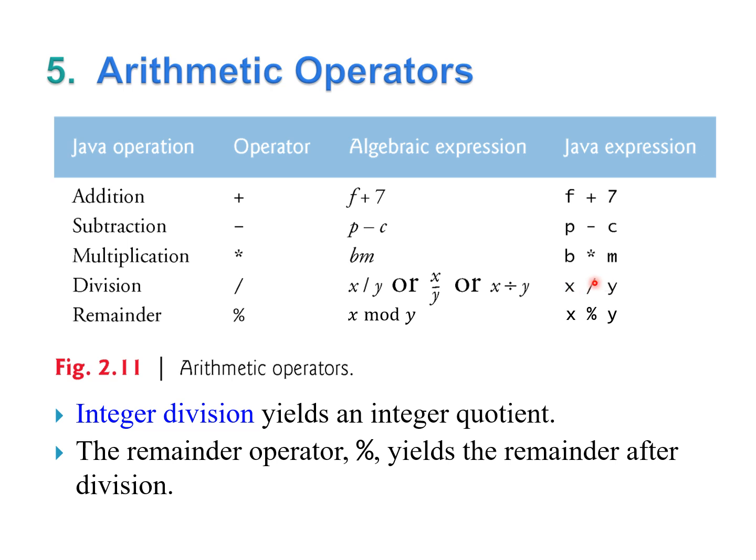Any fractional part in the integer division is simply truncated or discarded. No rounding occurs. The remainder operator, which is the percent sign, yields the remainder after division. So to get the remainder of x divided by y, you have to write x % y.